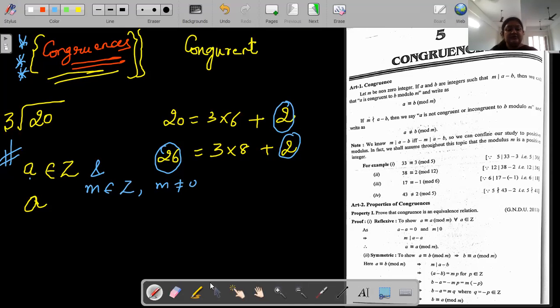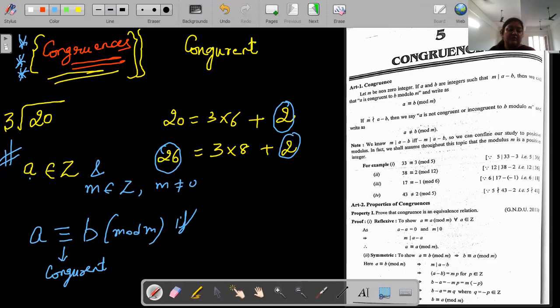So we say a is congruent to b. This symbol, the three lines, means congruent. So a is congruent to b mod m if and only if a leaves remainder b when divided by m.